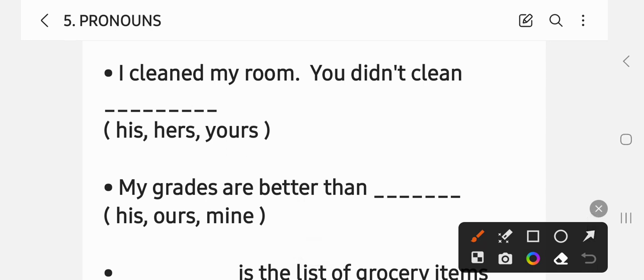I cleaned my room. You didn't clean dash. His, hers, yours. The correct answer is yours. My grades are better than dash. His, ours, mine. The correct answer is his.